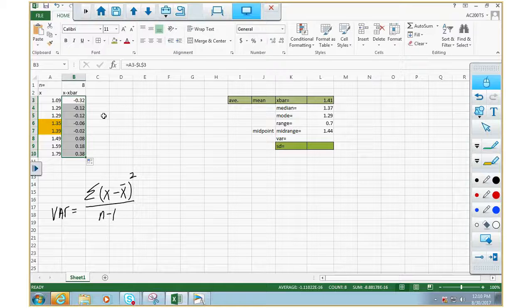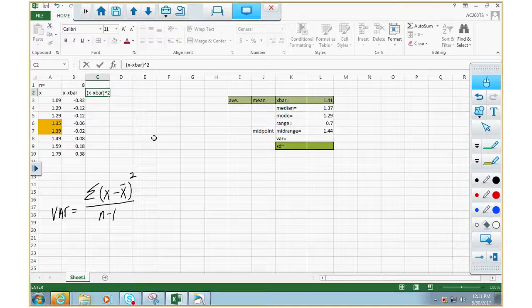All right, now what? What does this say? After we subtract x minus x bar, what are we supposed to do? Okay, so right here I'm going to say x minus x bar quantity squared. So this number, I'm going to square that number.